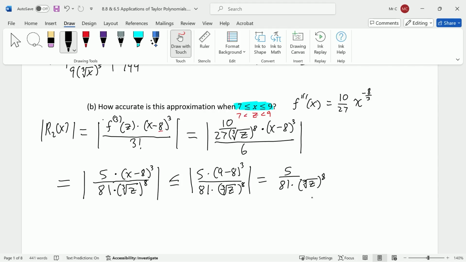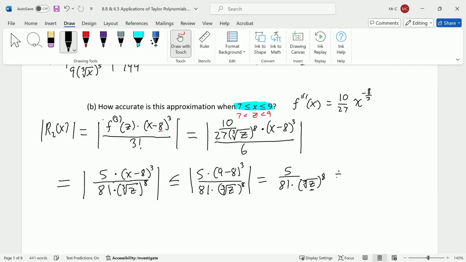Now, I'm asking what value of z will give me the worst case scenario, the biggest this could possibly be, the worst the error could be. So if we think about when we divide by a number, if we're dividing by a smaller number, the result is bigger than it would be if we divided by a bigger number. So I'm looking for the smallest value of z in this case.